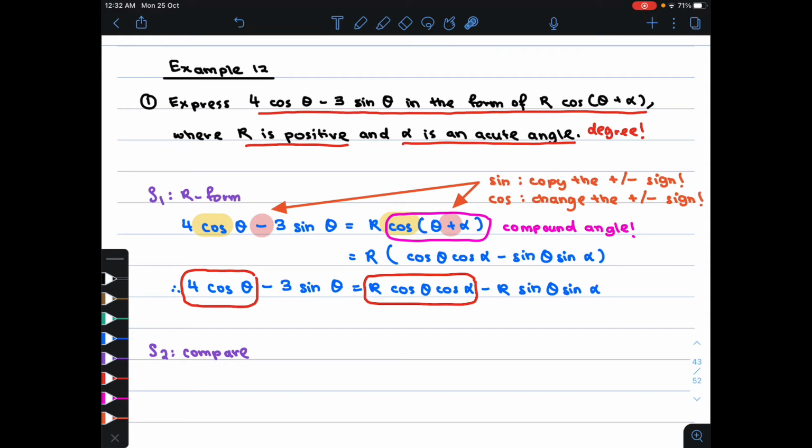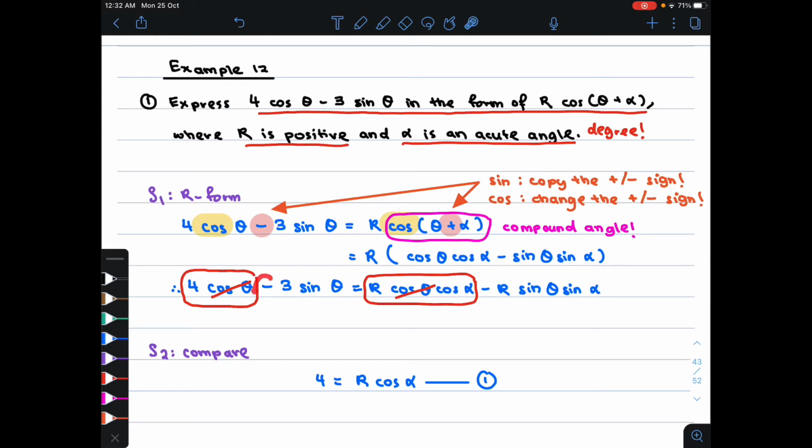Both terms have the same factor, which is cos theta, so we can cancel out cos theta. Hence, you will be left with 4 equal to r cos alpha. And that is our first equation.